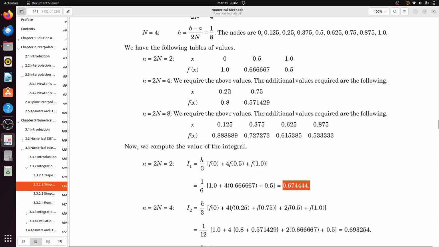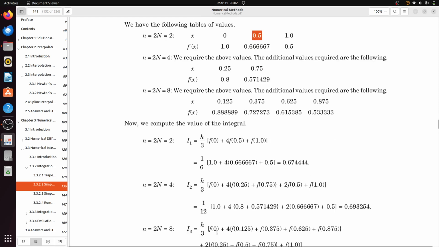Similarly, if you just induce one more subinterval, break it in between also. So for 0.25 it is 0.8, for 0.75 it is this, and then you need f0 plus 4 of f(0.25) plus 4 of f(0.75) plus 2 into f(0.5) plus f of 1. You will determine this as h by 3.